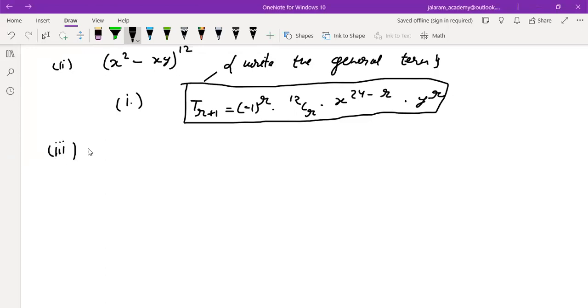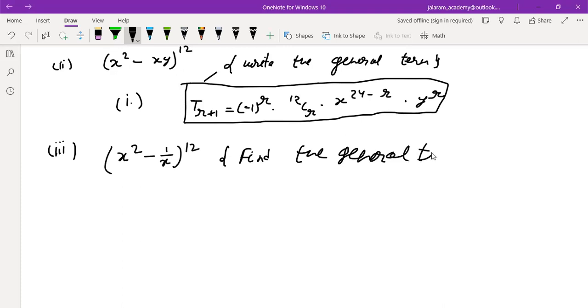Now find the general term for x square minus 1 by x whole to the power 12. Find the general term for this also and tell the answer.